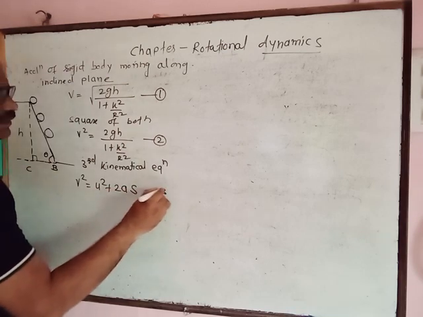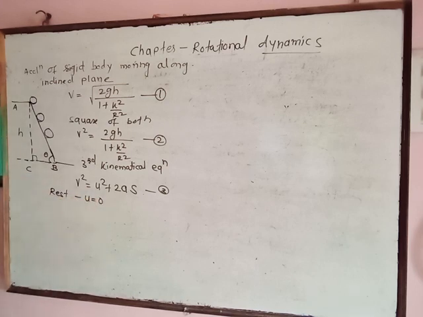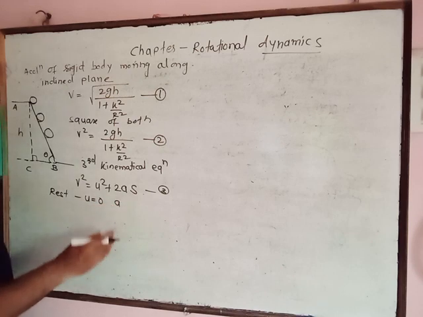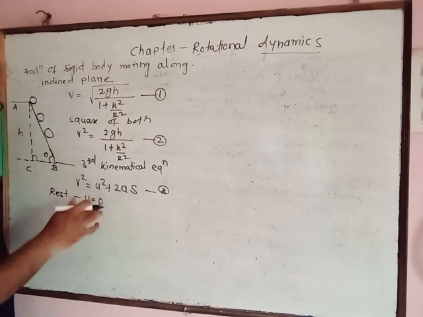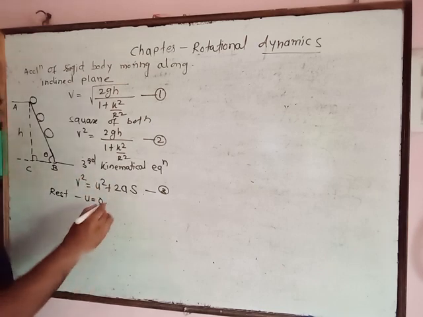Here, before releasing, the body is at rest, therefore initial velocity u is equal to 0. Here we calculate the expression for acceleration of the body, denoted by a.